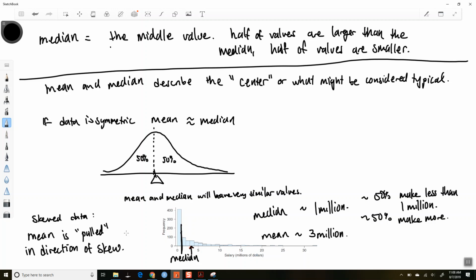Okay, is that good? All right, so we can describe the center of a distribution of data. And another important aspect is that we are able to describe the spread. So we have mean and median to describe center.